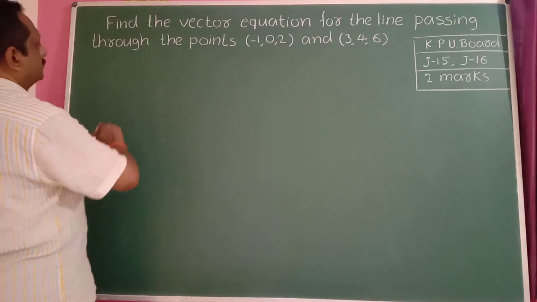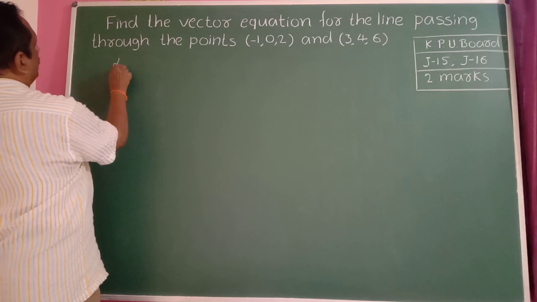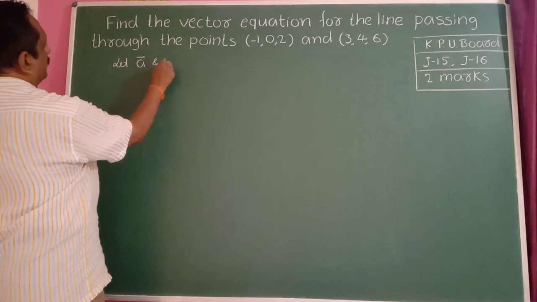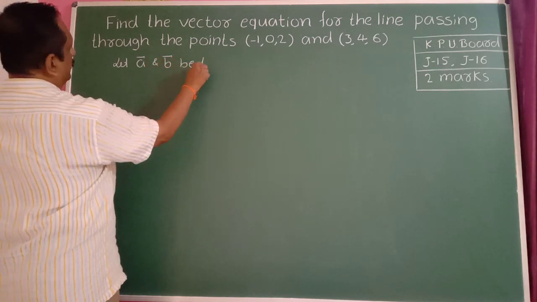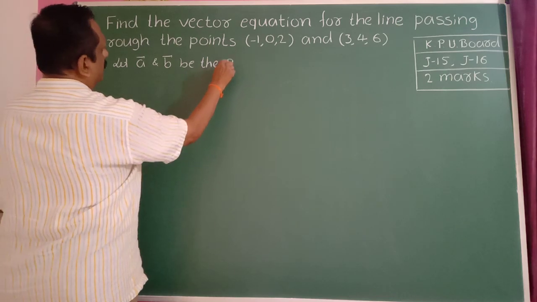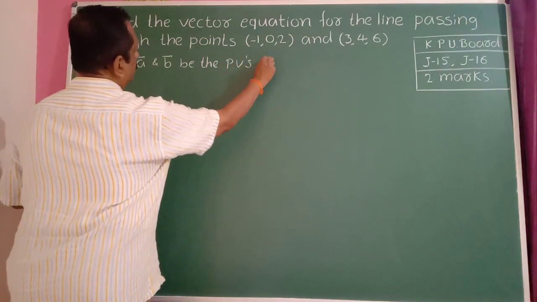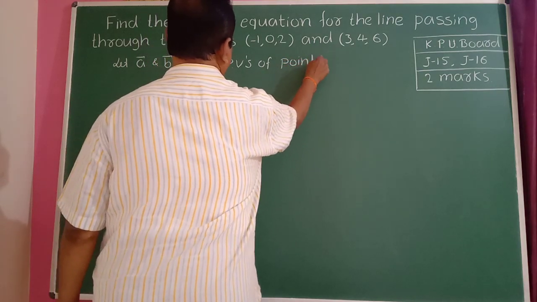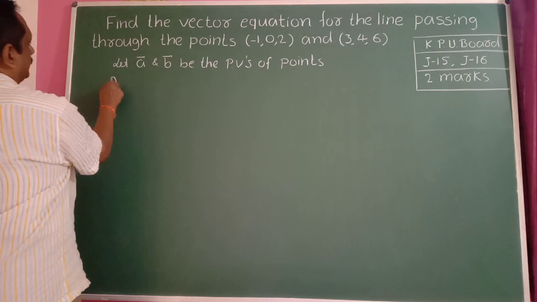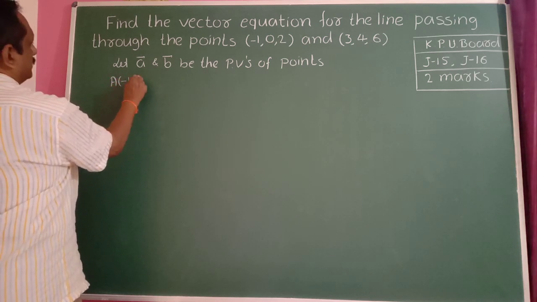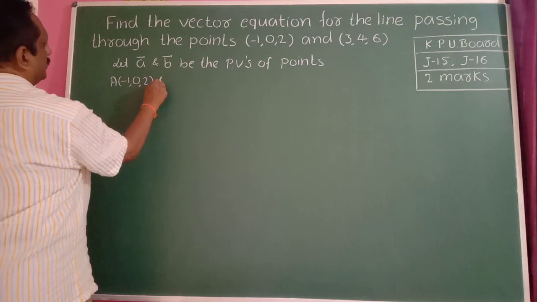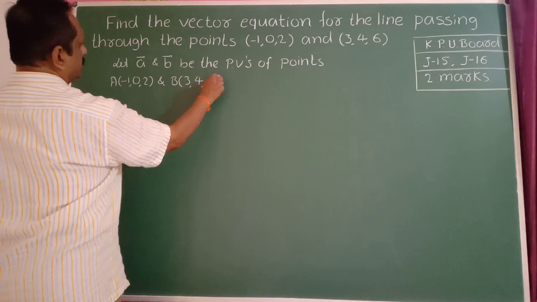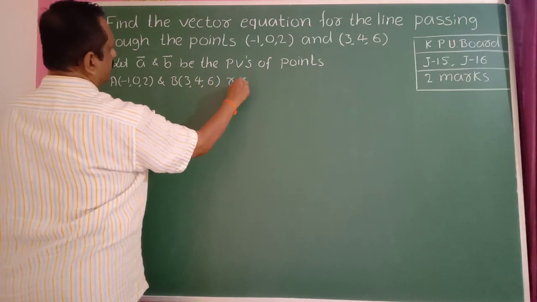Therefore, let A bar and B bar be the position vectors of points A(-1, 0, 2) and B(3, 4, 6) respectively.